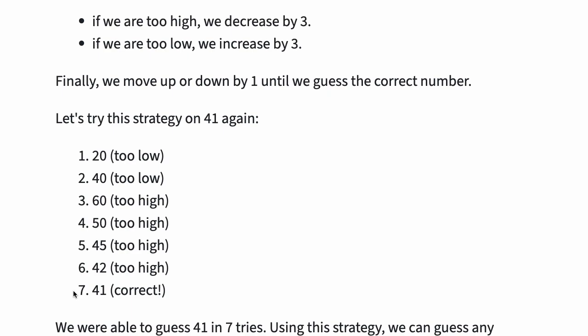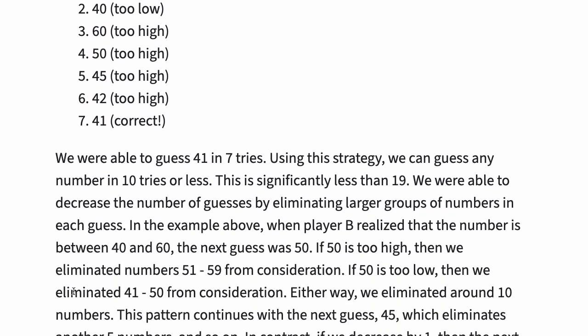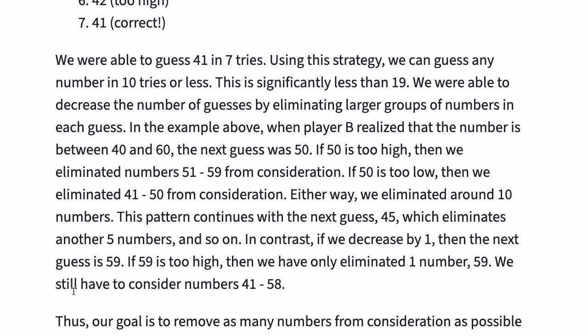We were able to decrease the number of guesses by eliminating larger groups of numbers in each guess. In the example above, when player B realized that the number is between 40 and 60, the next guess was 50. If 50 is too high, then we eliminated numbers 51 through 59 from consideration. If 50 is too low, then we eliminated 41 through 50 from consideration.